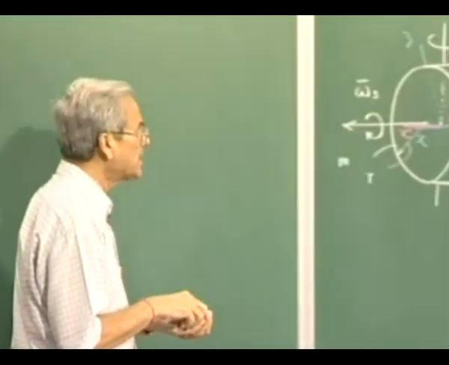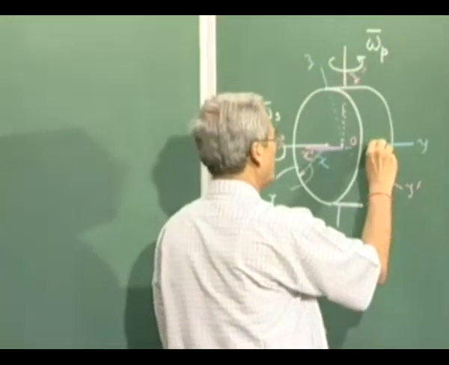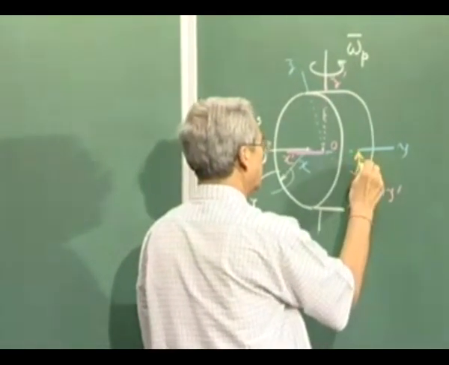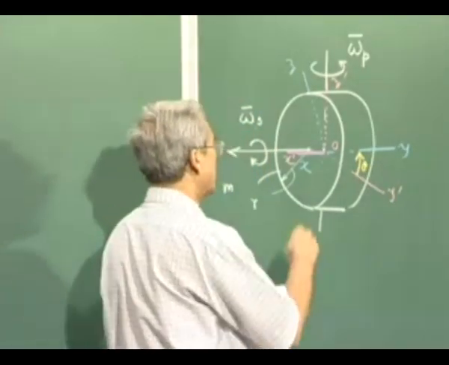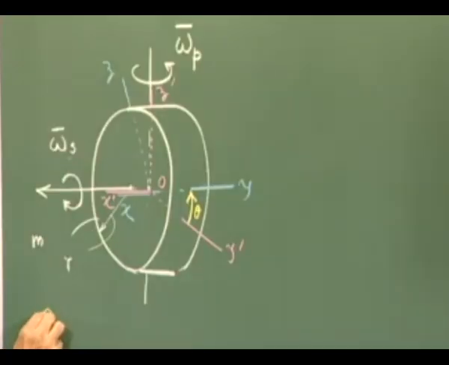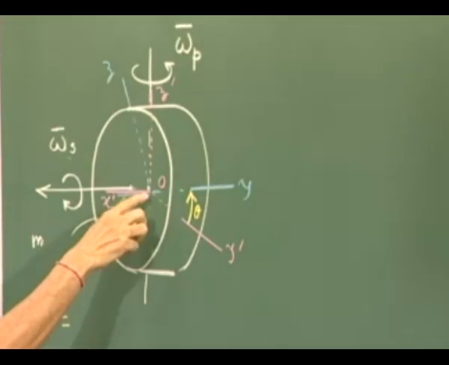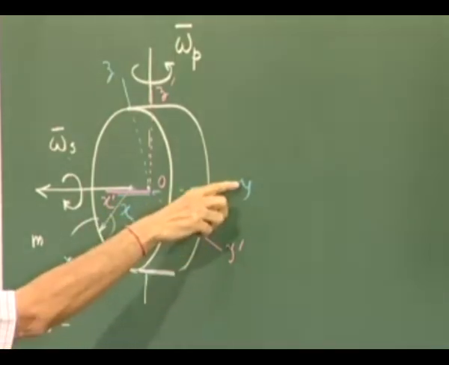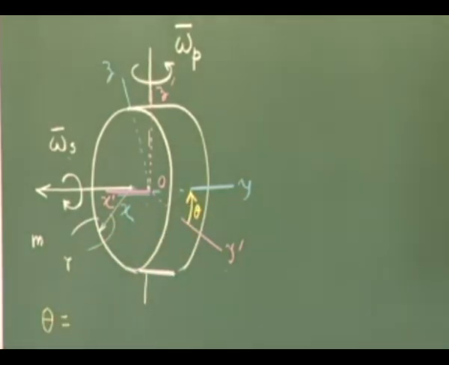At any particular instant, we may assume that this angle is theta, and which is changing. Obviously theta is nothing but, if we assume t to be 0 at this instant when y coincides with y prime, then it is nothing but.